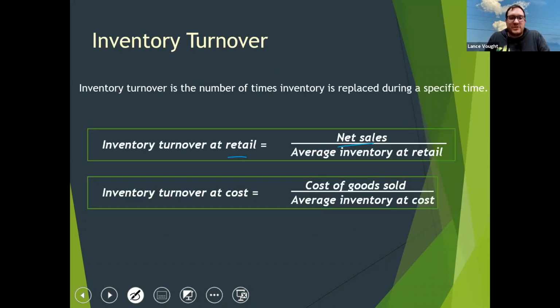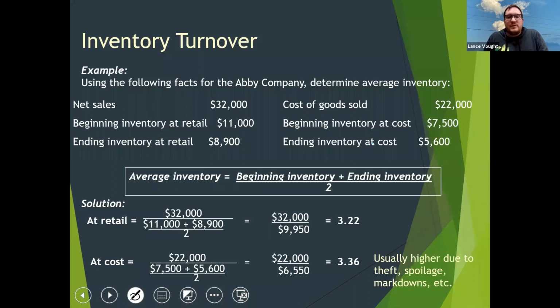So to find average inventory, you basically just take the midpoint of the two numbers that you have, the beginning inventory and the ending inventory. So if we want to find the average inventory at retail, we take 11,000 and add 8,900 to it.